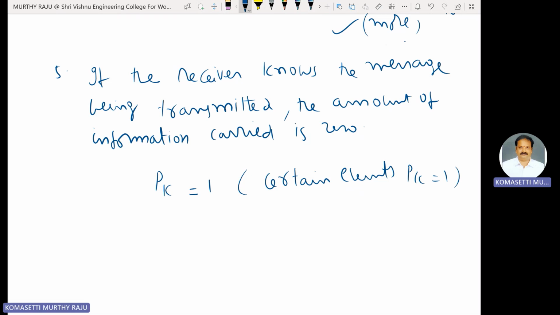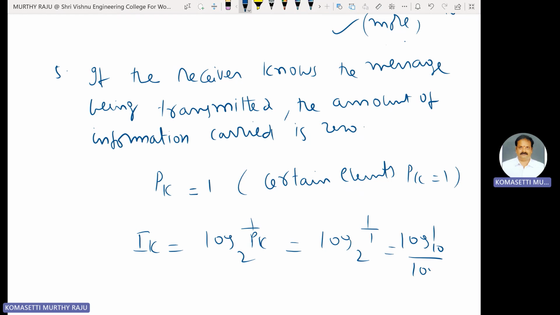The amount of information carried by this type of messages, Ik is equal to log 1 by Pk base 2. That is log 1 by 1 base 2, which is equal to 0 bits.